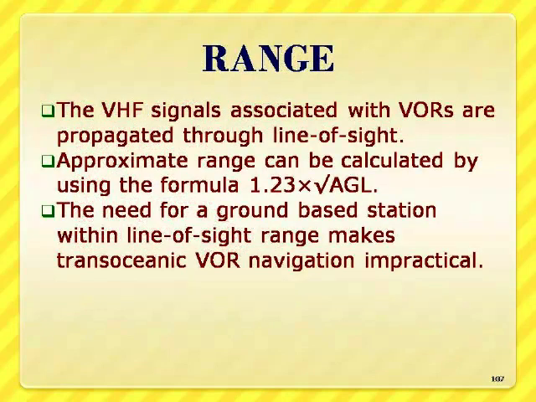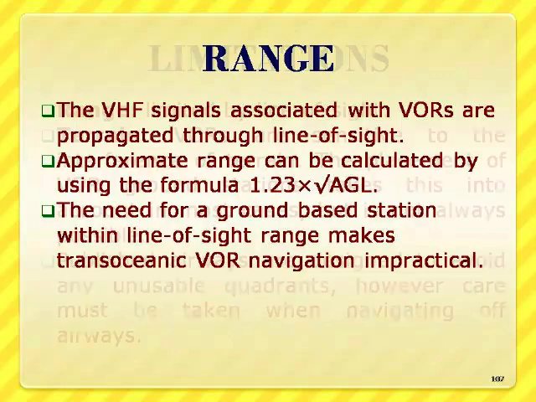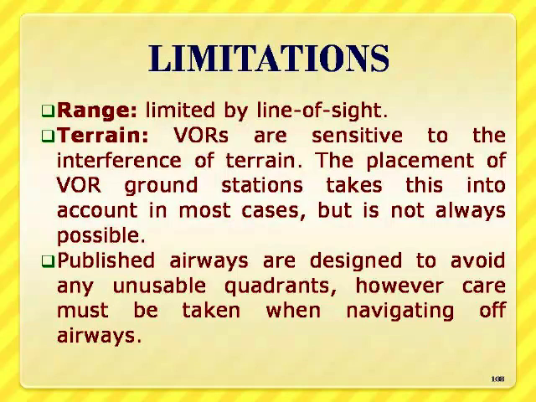And the VHF signals associated with VORs are propagated through line of sight. Approximate range can be calculated by using the formula. The need for a ground-based station within line of sight range makes transoceanic VOR navigation impracticable. So, what are the limitations? The range is limited by line of sight.